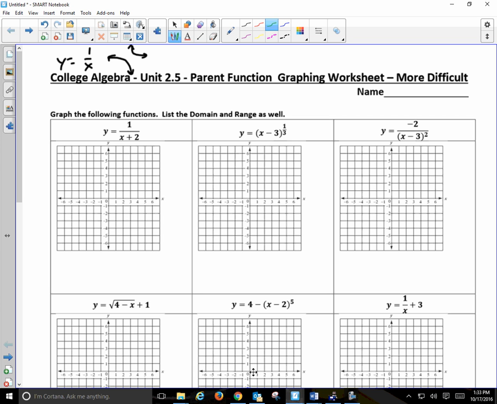If you look at this one down here, the plus 3 is on the outside. So this is on the inside, so I'll move to the left or to the right. The left 2. So that will take the vertical asymptote and move it to the left 2 units. Does it move up or down at all? No. So the horizontal asymptote will stay at 0.